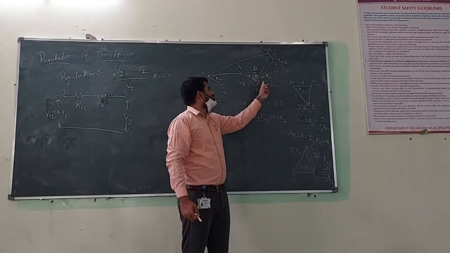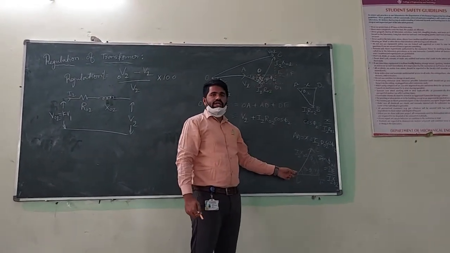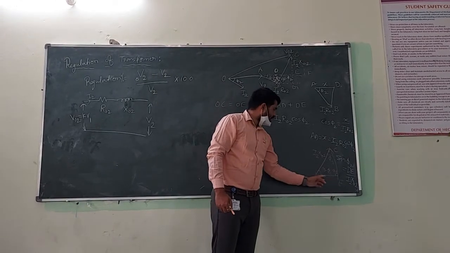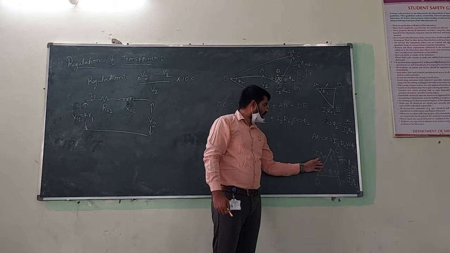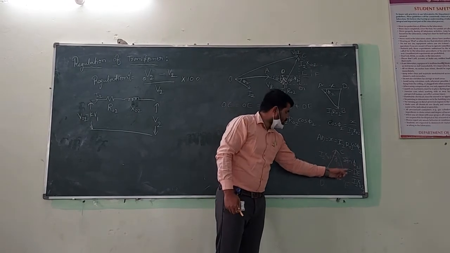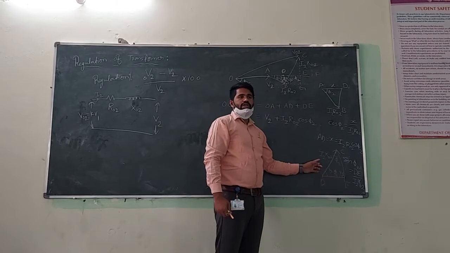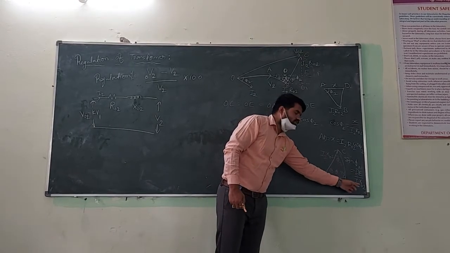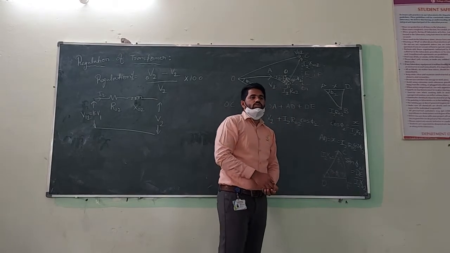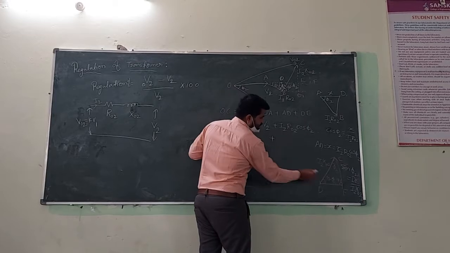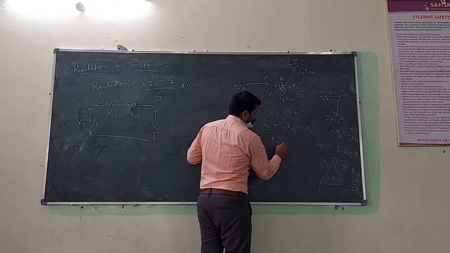Okay, from this portion I am drawing this triangle separately. In this triangle it is D, and we already know the hypotenuse is I2 X02. From this triangle, what is sin phi 2? Opposite by hypotenuse. The opposite value is DE, and the hypotenuse is I2 X02. Can I write from that? What is the DE value?